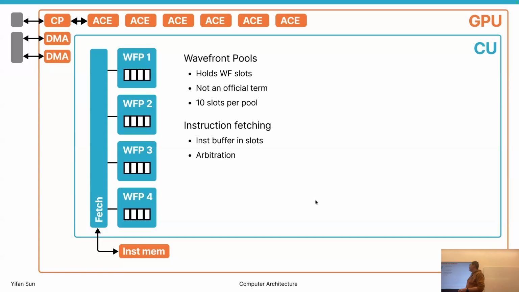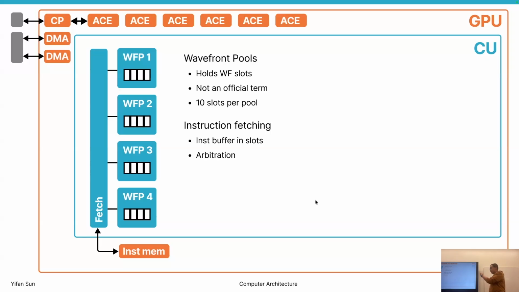Then whichever has been fetched most recently, the arbiter may select that one. Or in another way, if we want all the wavefronts to have similar progress, then we want the fetch arbiter to select the one that has not been fetched for the longest time.